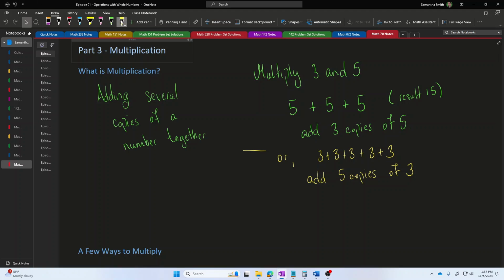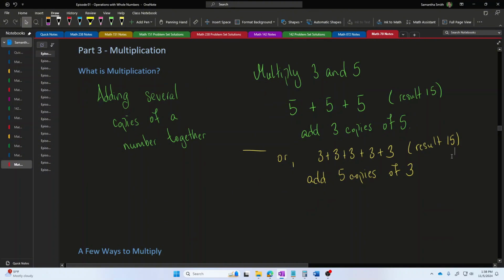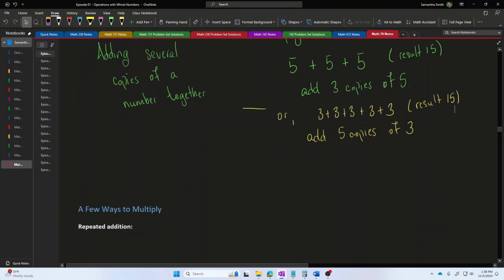But 3 plus 3 plus 3 plus 3 plus 3, if you put it in a calculator, will give you the exact same result, 15. So you can think about multiplying 3 and 5 either way. Add together 3 copies of 5, or add together 5 copies of 3. You'll get the same answer in either case.